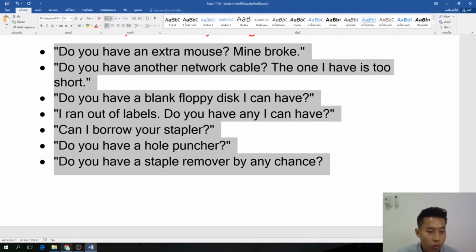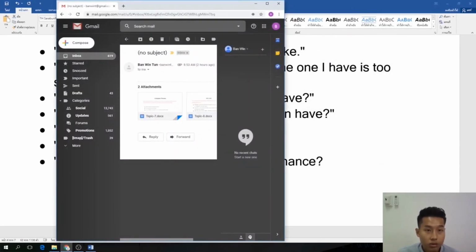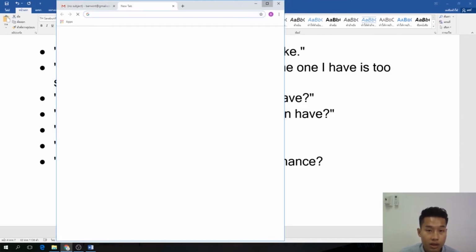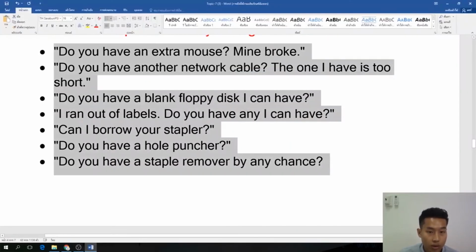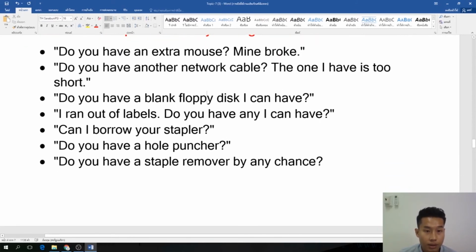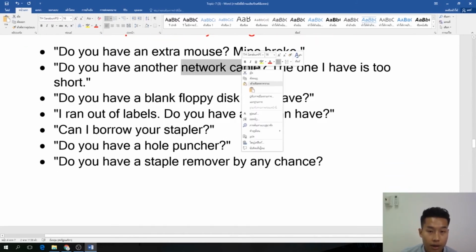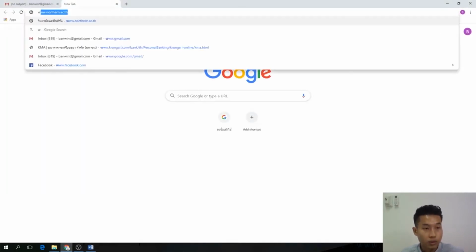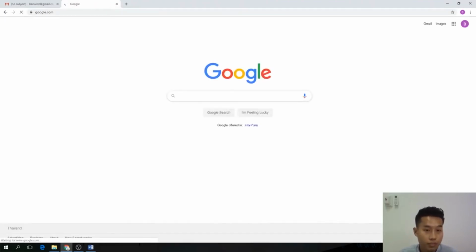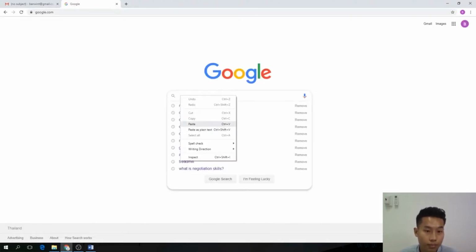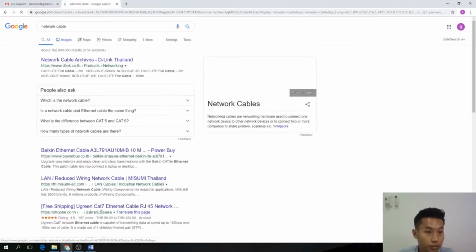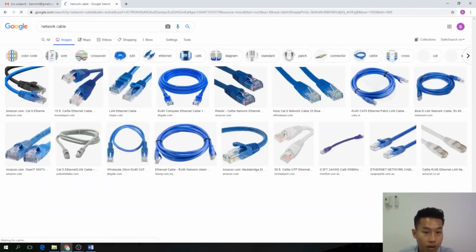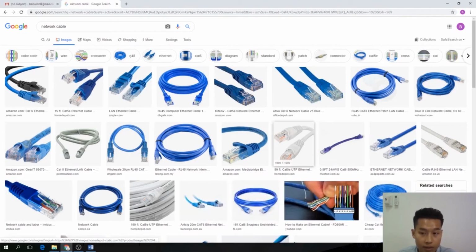Okay, does anyone know the words staple remover? I will try to show you, to help you understand words like this one. Network cable. Try looking for what a network cable is. Okay, that's what we call a network cable.